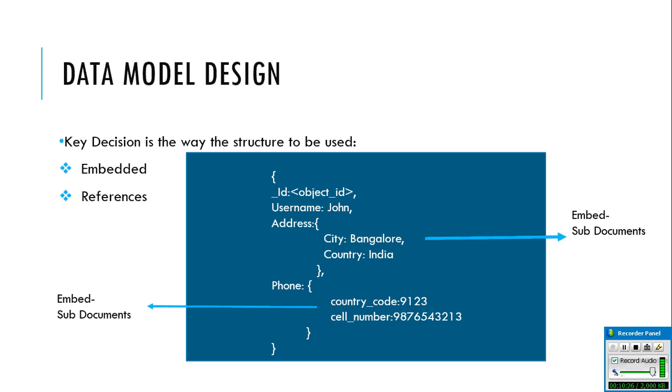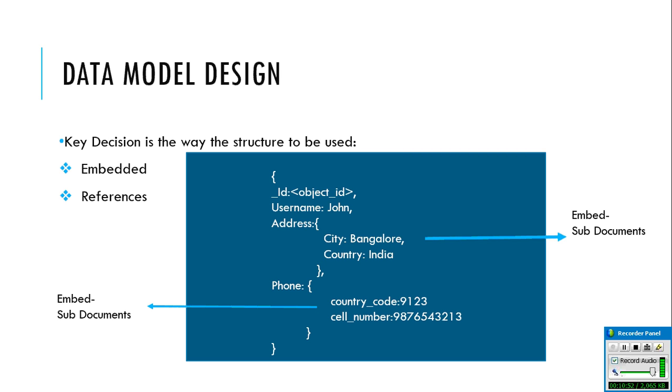You need to choose whether you want to go with embedded or with references. You can embed all of the data into one single document, or you can separate your data into separate documents. So it's up to you how you want to take it. You can either use references to connect to the other document, or there isn't a single choice.